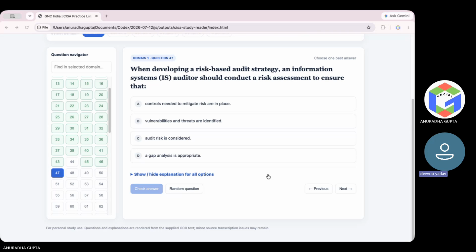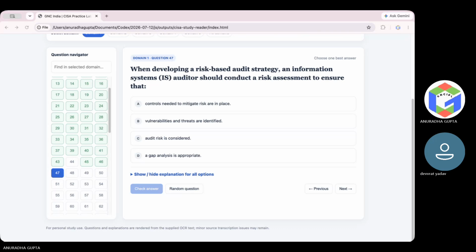Strategy information, conduct the risk assessment to ensure that the controls needed to mitigate risk are in place, vulnerability that is identified, audit risk is considered, gap analysis is appropriate.